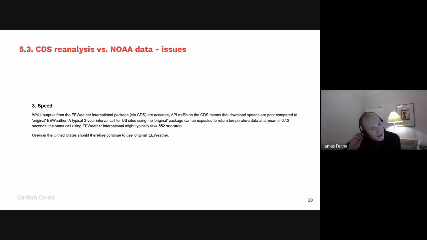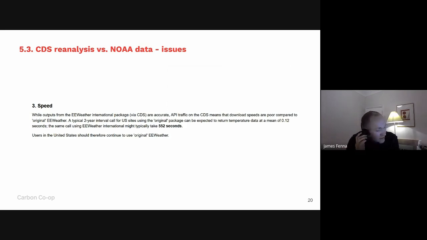But there is an issue. It's much slower than existing EE Weather. With original EE Weather through the NOAA API, you can download a 2-year interval call of data in less than a second.